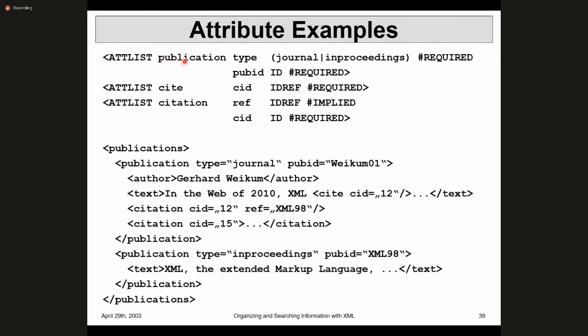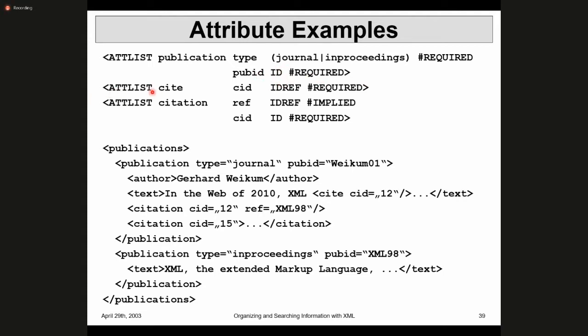Attribute list publication. The type is either journal or in proceedings. Publication has a pubID, which is an ID. That means it should be unique, and it is required.